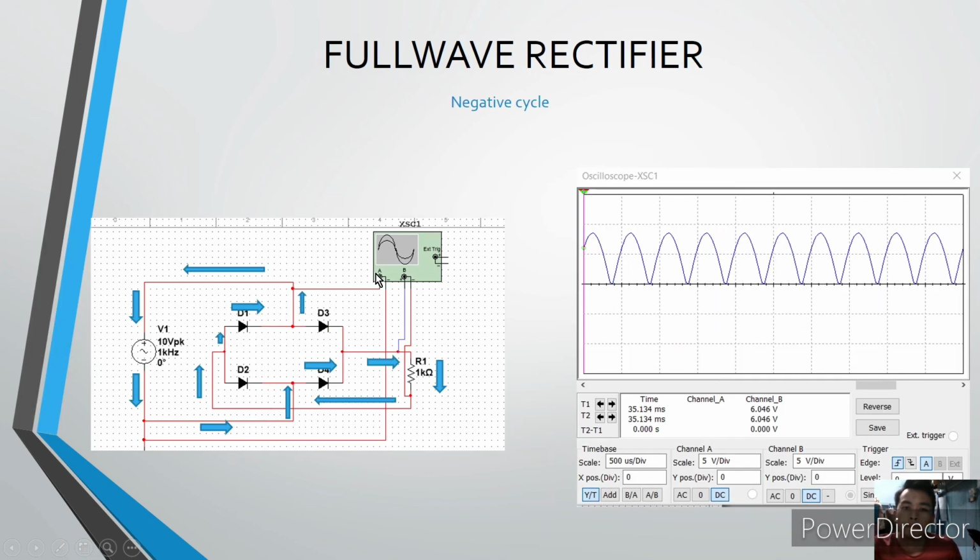Next, during the second half or the negative cycle of the input voltage, the diodes D1 and D4 become forward biased and the current enters the load resistor and returns back to the positive source. Besides, the diodes D3 and D2 are reverse biased and the current is not allowed to flow.